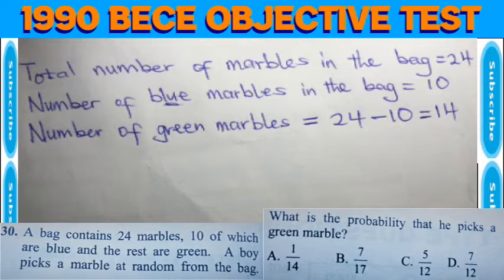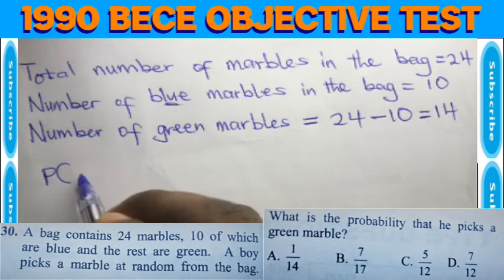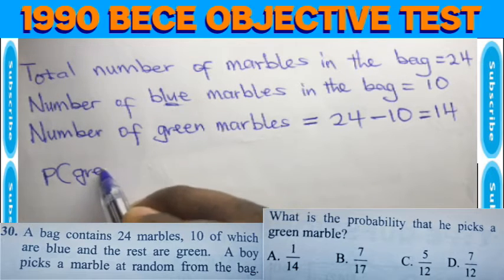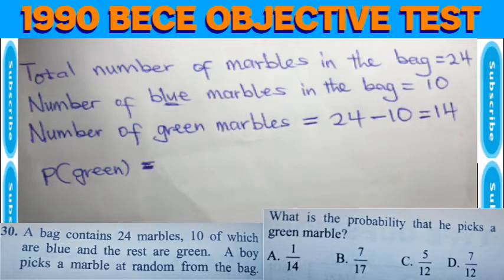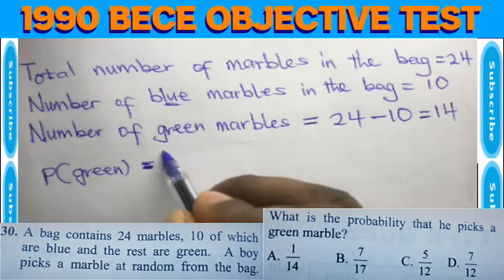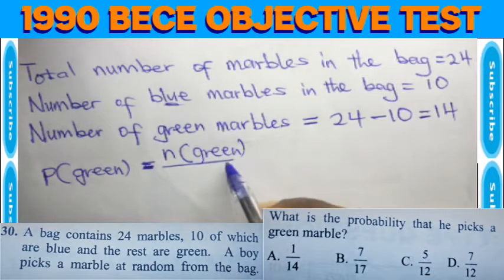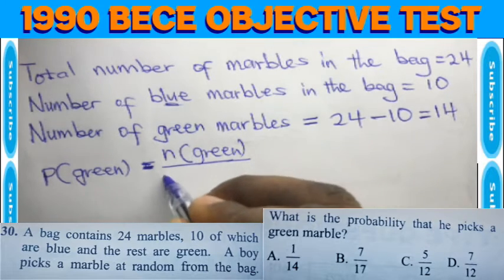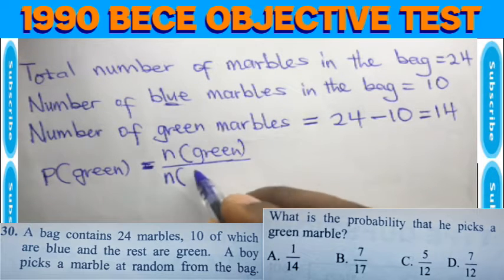So the probability that the boy picks a green marble will be equal to the number of green marbles out of the total number of marbles in the bag.